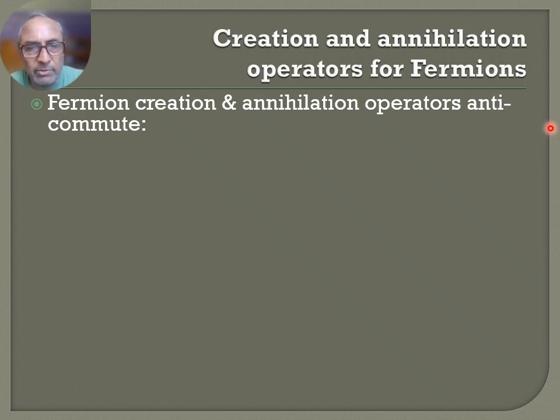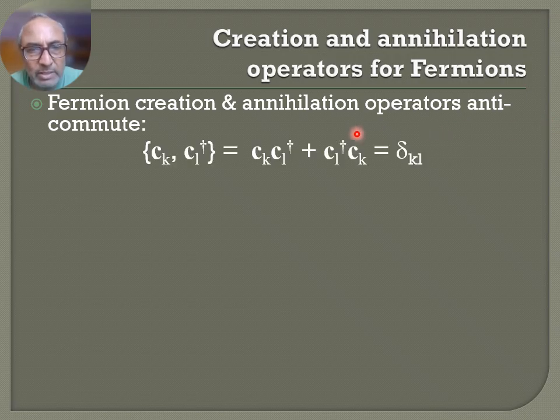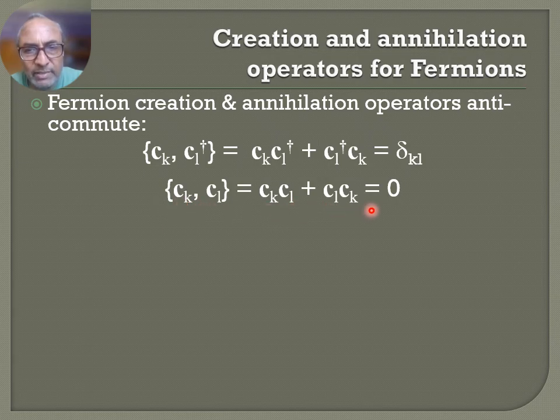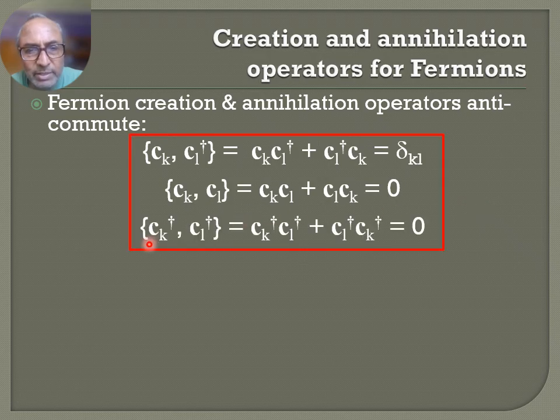What about fermions? Fermion creation and annihilation operators anti-commute. That is, the anti-commutator of c_k and c_l dagger is equal to c_k c_l dagger plus c_l dagger c_k, which is equal to delta_kl, which is equal to 1 if k equals l and equal to 0 if k does not equal l. And likewise, the anti-commutator of c_k and c_l is equal to c_k c_l plus c_l c_k equal to 0, and the anti-commutator of c_k dagger and c_l dagger is equal to c_k dagger c_l dagger plus c_l dagger c_k dagger equal to 0.